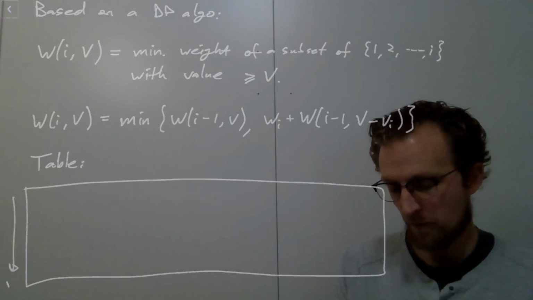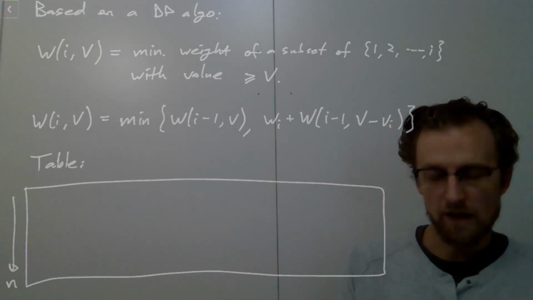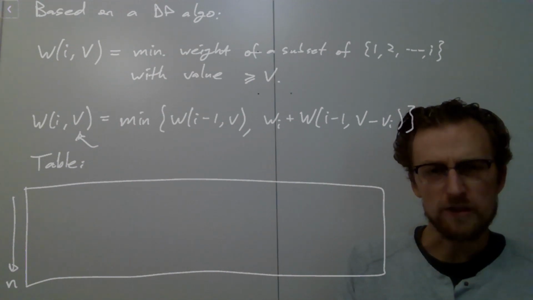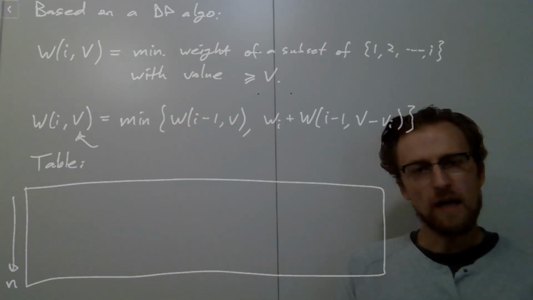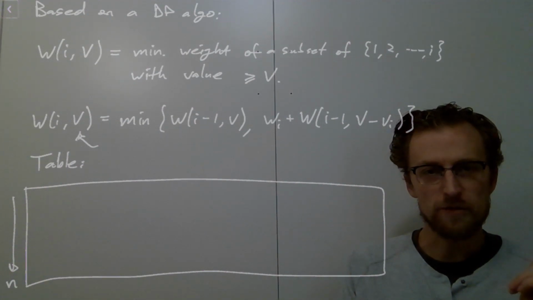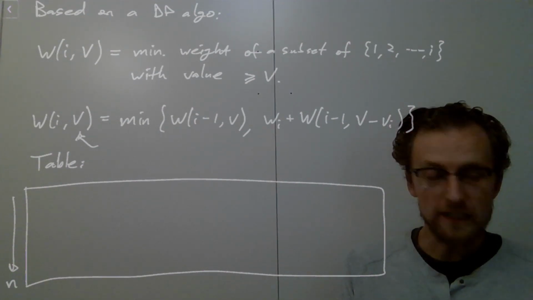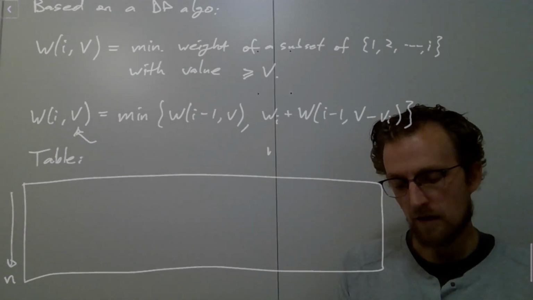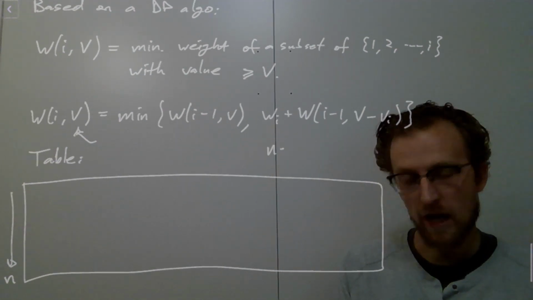So just like before, I've got n on the way down. And now notice the second entry of my function here is the value of a subset. And so I need my table to be as wide as it needs to be to capture the highest possible value subset. And we know that the value of any subset is always going to be less than or equal to n times the value of the most valuable item.